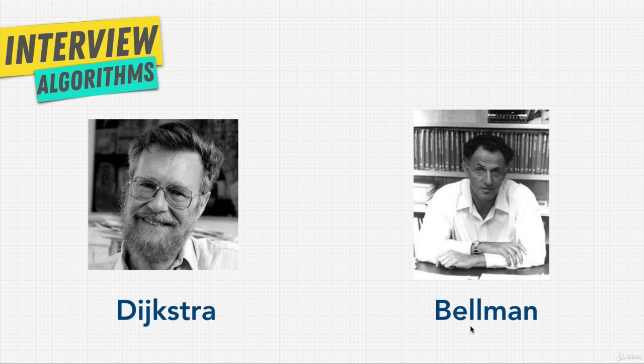Now, both of these algorithms are quite complex, and it takes a lot of time to really get it and code it. So I will leave resources for you if you want to learn more about these algorithms. Because in an interview, it's very, very rare that you'd ever have to code these algorithms. Most of the time, you just have to know that they exist and when to use them. So let's go over that.